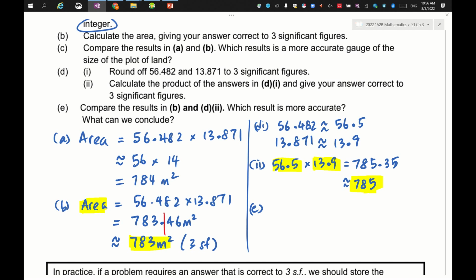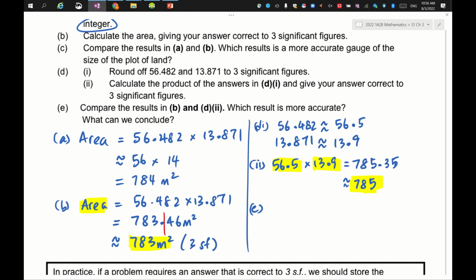What do you think? Is it? Yes, right? We are calculating area also. Hey, but why are the two areas different? Something wrong? I mean, it can't be the area is 783 and 785 at the same time, isn't it? Something has to be wrong. Which value do you think is more accurate?